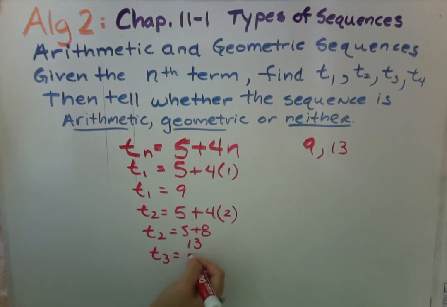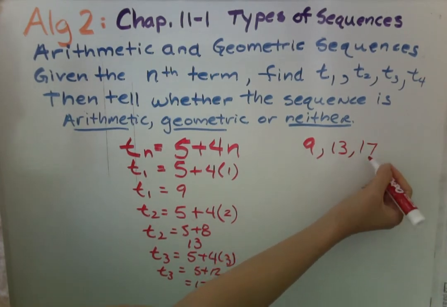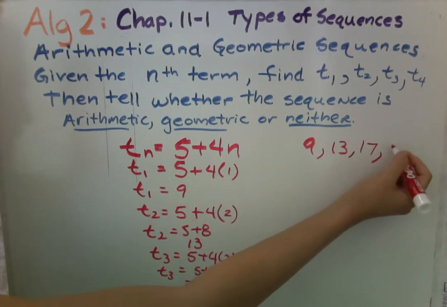Our third term, we plug in a 3 because it tells us that n is 3 now. Our third term is 17. And just to save us some time, the fourth term is 21.